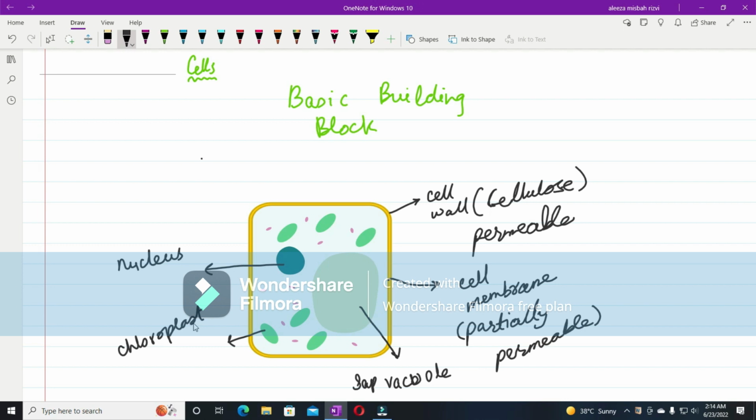The chloroplasts are almost as large as a nucleus and are visible through the light microscope. Their basic function is to absorb light during photosynthesis, which is the process plants use to manufacture food, which will be discussed later.